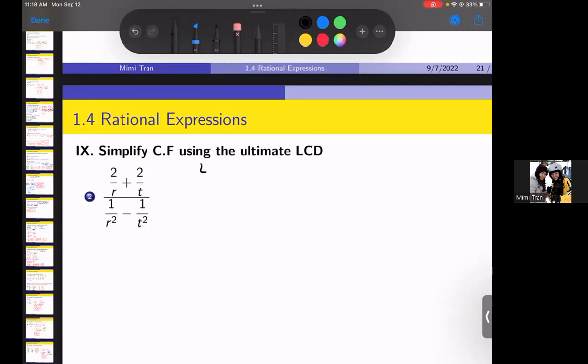Yeah, thank you. R squared t squared, or r squared t squared over 1. I always do that. So multiply the top by r squared t squared over 1. The bottom is r squared t squared over 1. So basically you multiply by 1 and then you distribute.